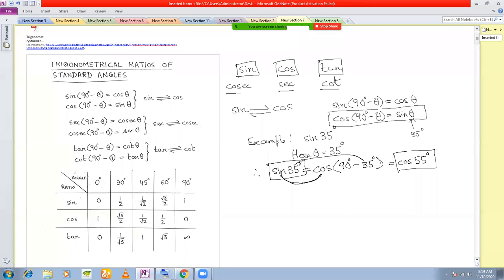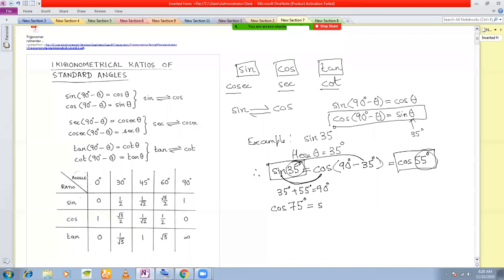Another observation that you must make is that the sum of 35 and 55 is 90 degree. This observation will be helpful for your sums later on. So sine 35 I change to cos. Similarly, if I have, say, cos 75 degree, and I want to express this in terms of sine, what am I going to do?